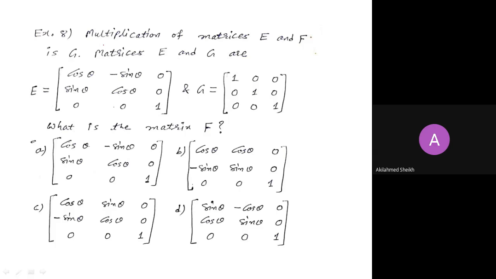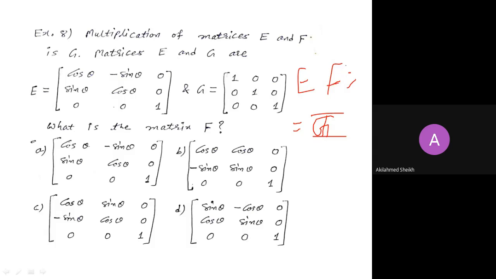We are given that the multiplication of matrices E and F is G, which means E into F equals G. And G is nothing but the identity matrix.